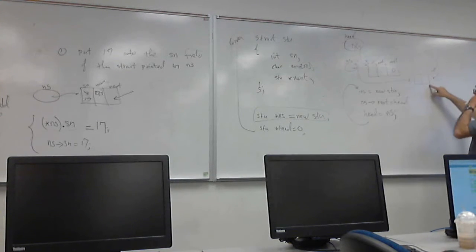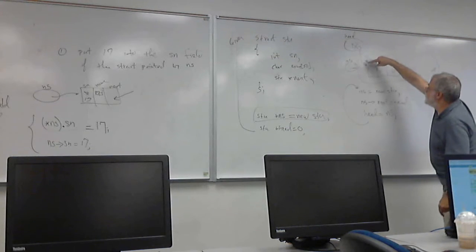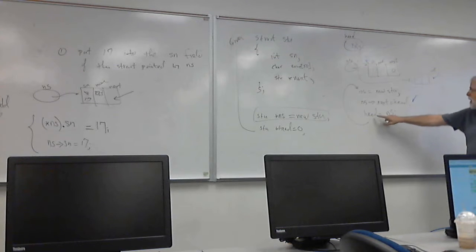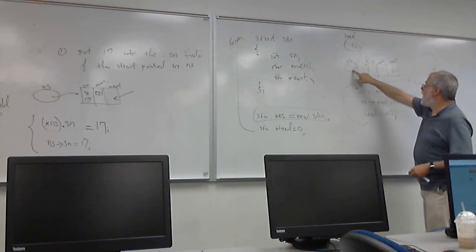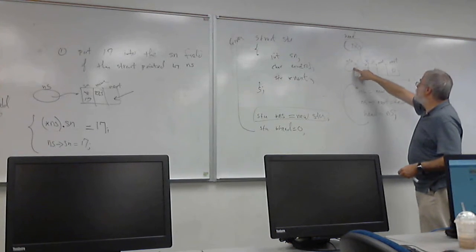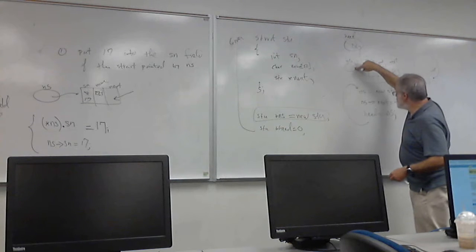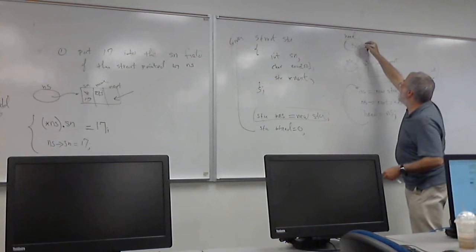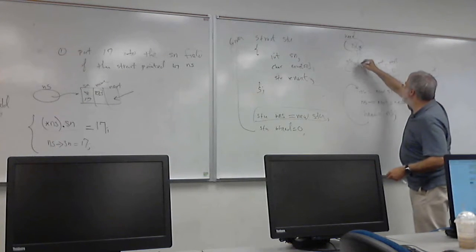So this box is linked up to the first thing in our list. And then we're going to say head equals ns. The last thing we do is copy the value in ns, which is the address of the new box, and put it into head. So what was here, the address of this guy, is replaced: head now has in it, instead of this, this.